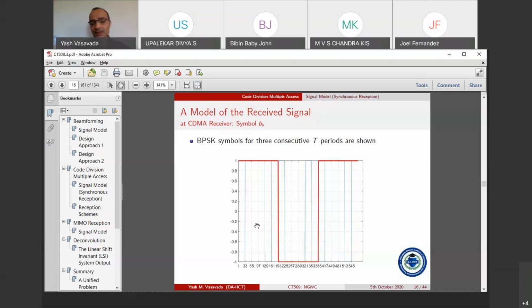In this case, it is going to get spread out exactly by what factor? What will be the factor by which the original spectrum of these symbols in the red will get spread, because we are multiplying it with this S of k?